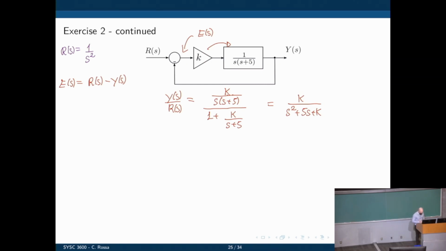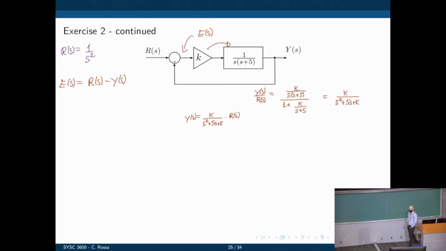We can now find Y of s by simply multiplying both sides of the equation by R of s. And now we can go back to the definition of the error and replace it in there. Now let's go back to the error function.